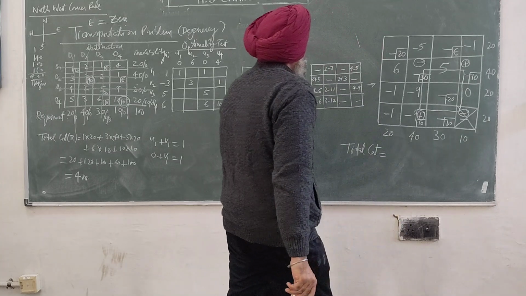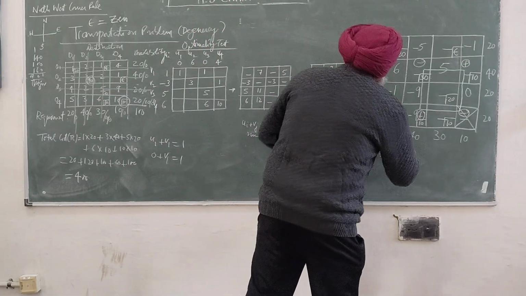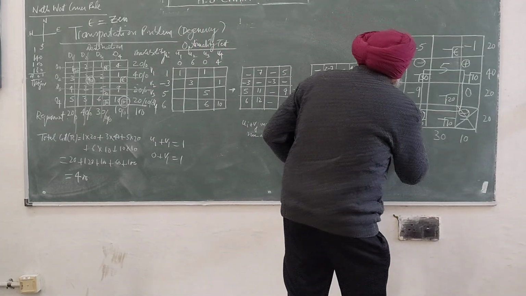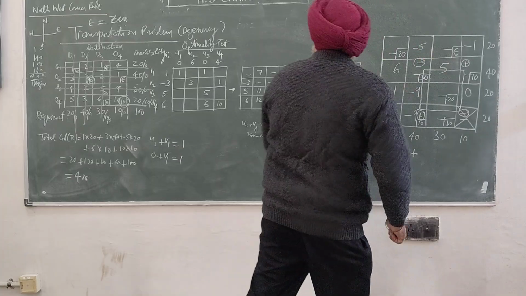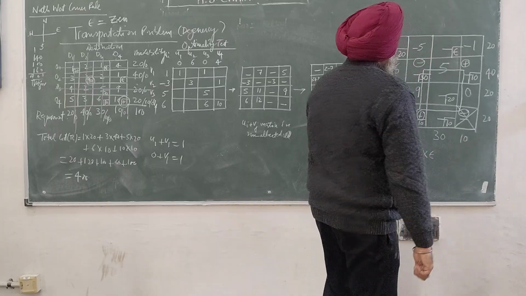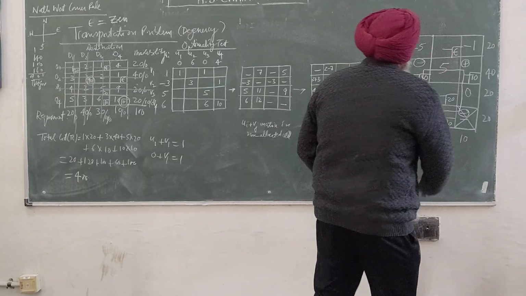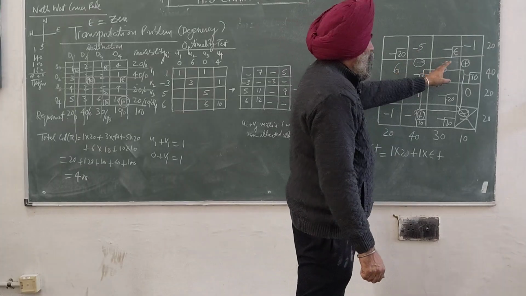When you are calculating the total cost, the cost is 1 into 20, plus 1 into phi, and this will be 0. Why? Because we are considering phi to be 0. We are just making use of it for removing the degeneracy.